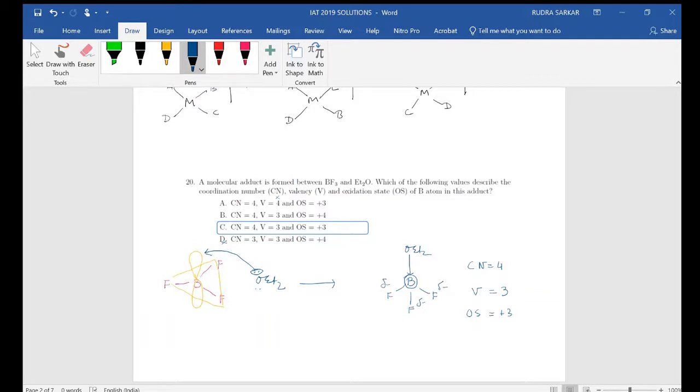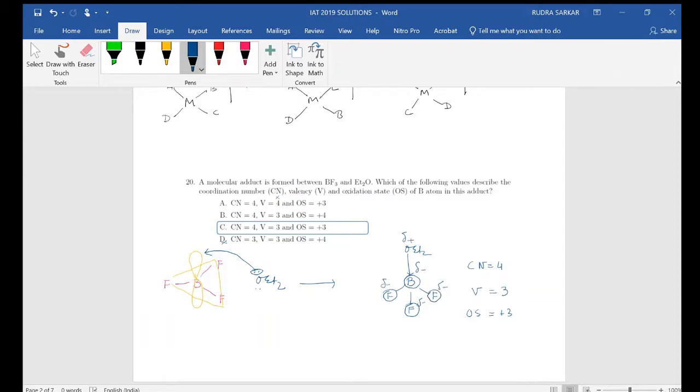we have to understand that whenever the donation is happening from the oxygen to the boron, this will be having some delta positive charge, and this will be having some delta negative charge. So whenever we have to calculate the oxidation state, we have to keep boron as neutral, and think of each of these fluorine atoms as having -1 or uninegative charge.